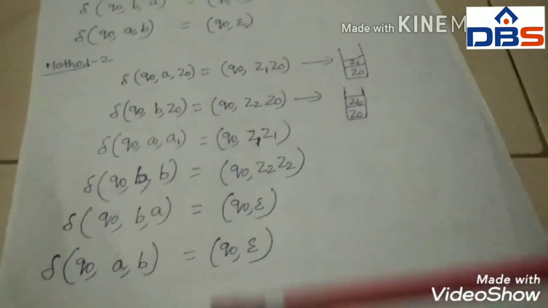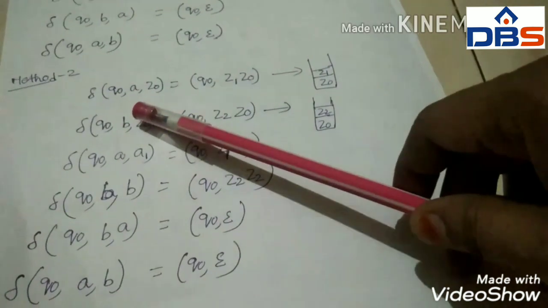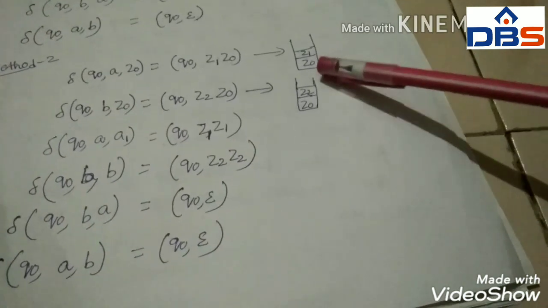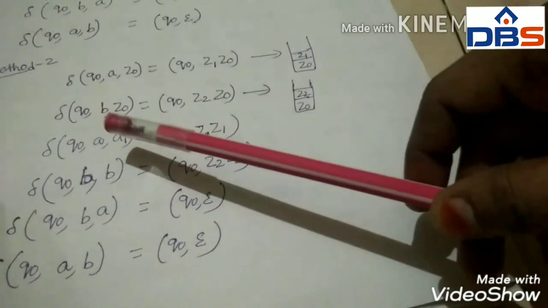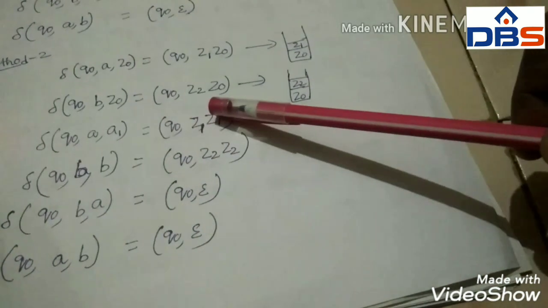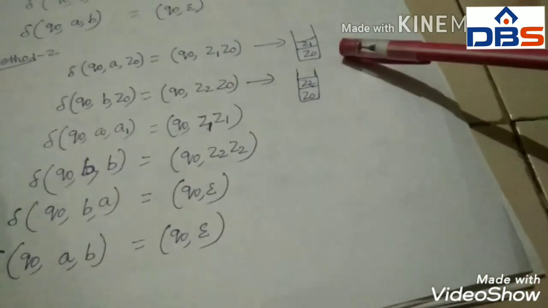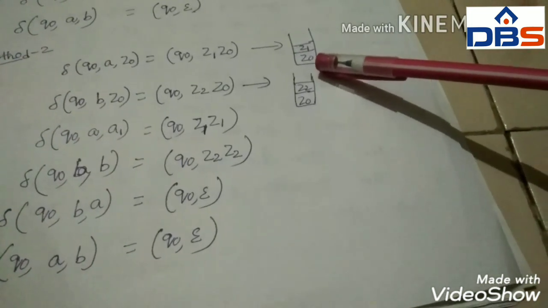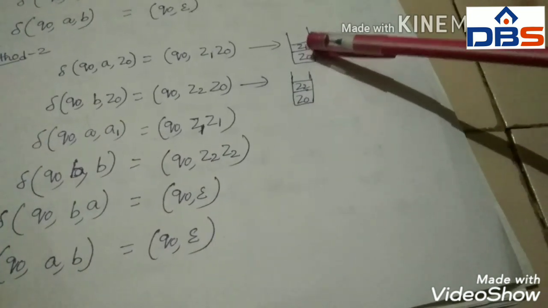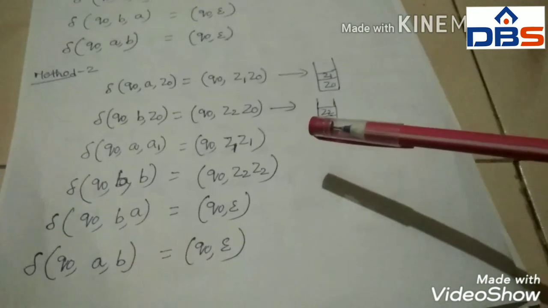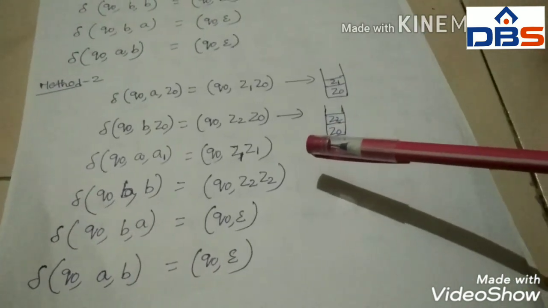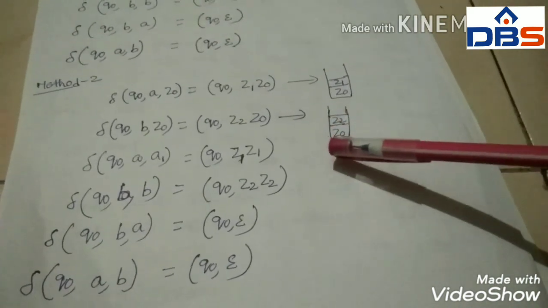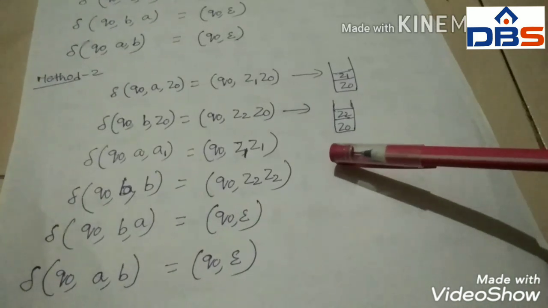The next method: delta of Q0 comma A comma Z0 gives Q0 comma Z1 Z0, taking two stack symbols Z0 and Z1. Delta of Q0 comma B comma Z0 gives Q0 comma Z2 Z0. In this stack we already put the bottom symbol Z0, and Z1 is put above it. When any element has to be inserted, we push it onto the stack, and when any element has to be deleted from the stack, we use the pop operation.